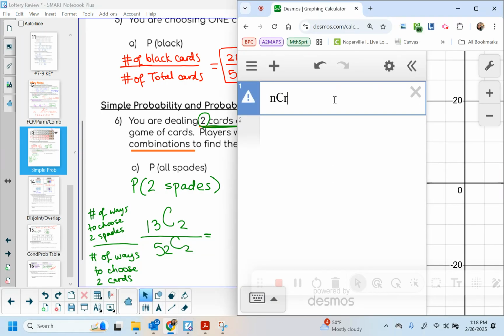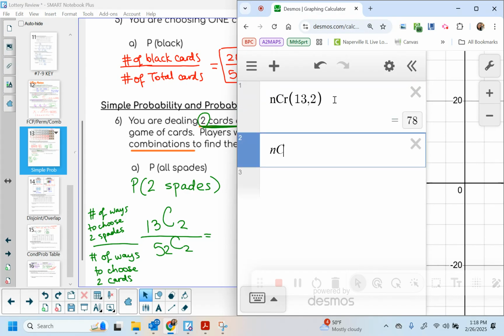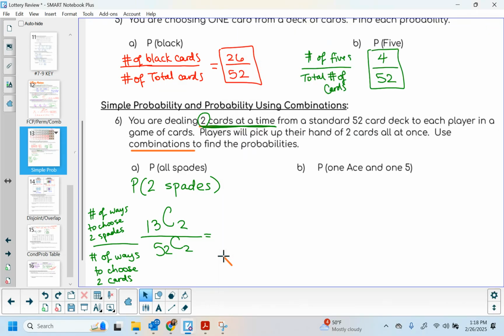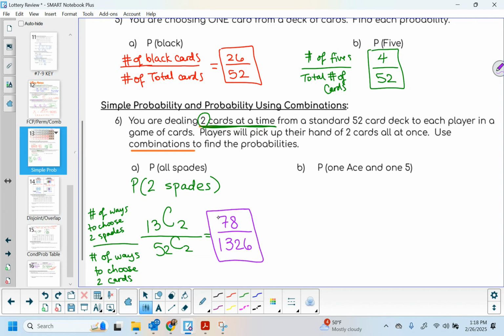So nCr 13, choose 2, and then nCr 52, choose 2. And I'm just going to leave my fraction like this, 78 over 1,326. That is my probability.